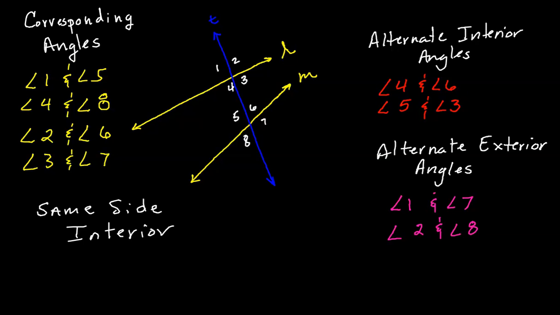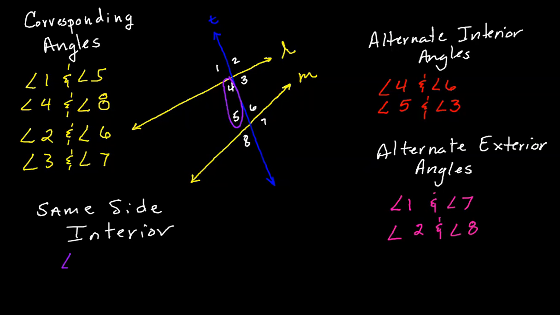Alright, the last set of pair angles based on this transversal passing through these two lines are called same side interior. Again, the interior angles are the ones that are inside. So 3, 4, 5, and 6 are all interior. Same side interior means they're on the same side of the transversal line. So that means it would be angles 4 and 5. Those two are on the same side.